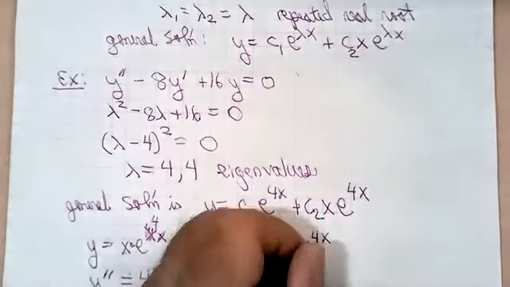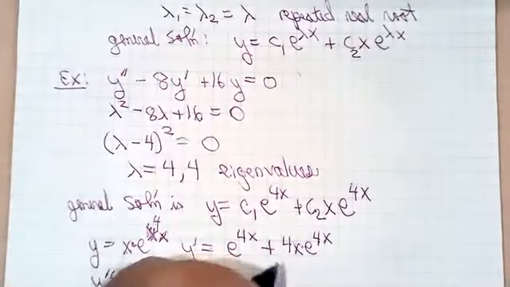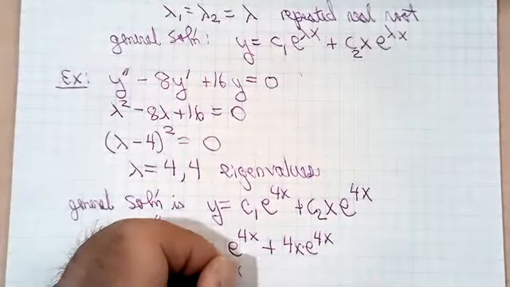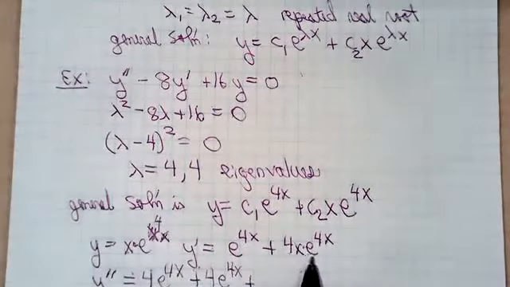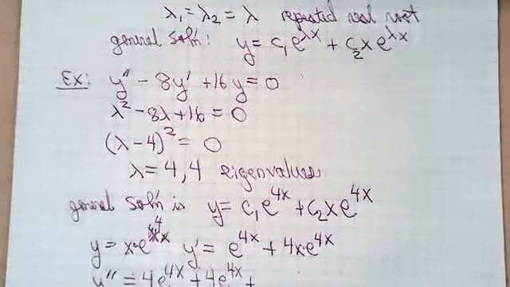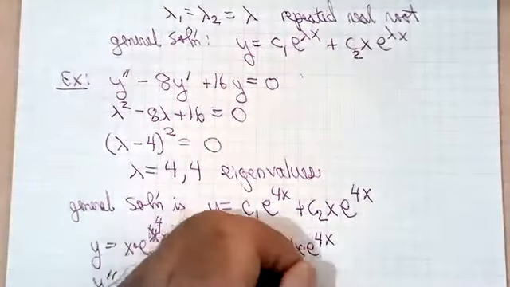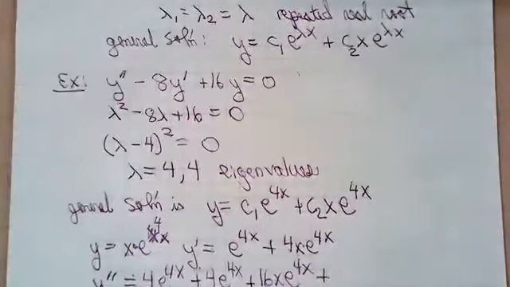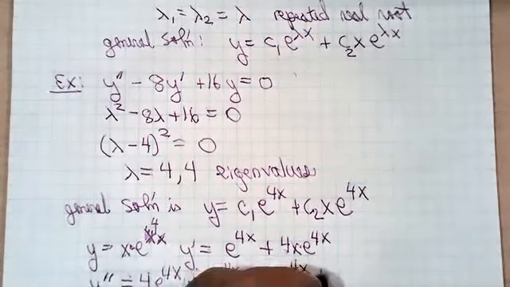And now I have to use the product rule for this second one, plus the derivative of 4x is 4 e to the 4x, plus, now I'm going to preserve the 4x but take the derivative of e to the 4x, so that's 4 e to the 4x, but I already had a 4, 16x e to the 4x. And that's it, plus 0.